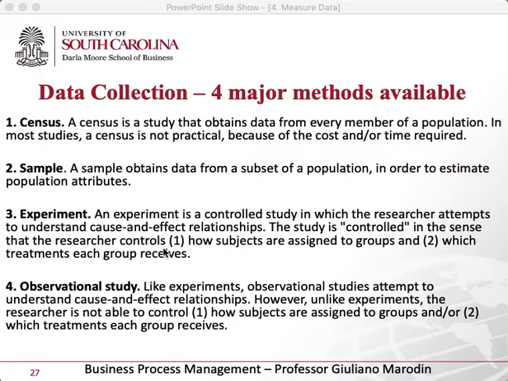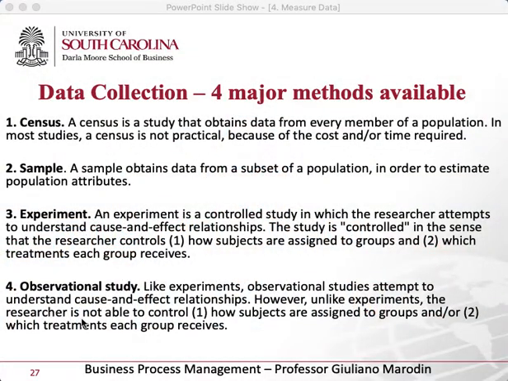You can do an experiment, which is a little more difficult, where you have a very controlled environment, where you tweak and change some things and see the reactions of people, process, product or equipment. There's a whole subject about that, called design of experiments, which we're not going to talk much about.